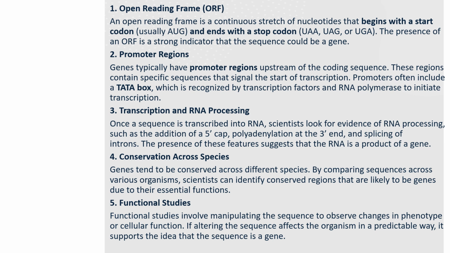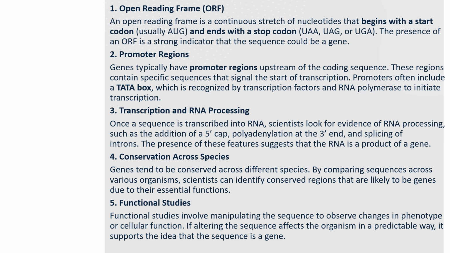Another way is by looking at the promoter regions. When we have to turn a gene on or off, so you don't always want to express the same proteins, that is usually done by the promoter region. In that promoter region is usually what is called a TATA box, and believe it or not, it actually has TATA in it.